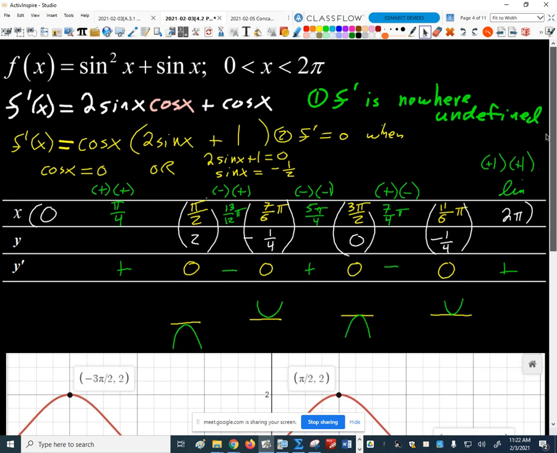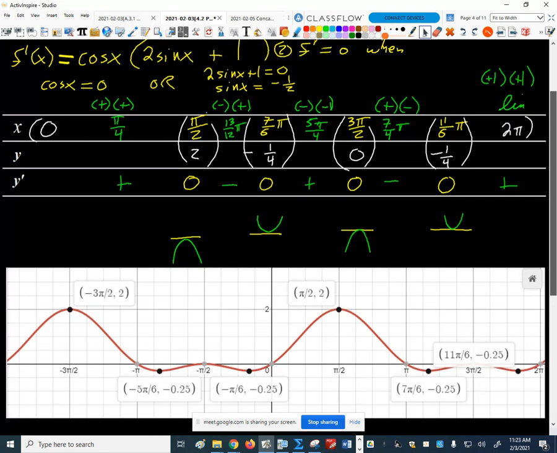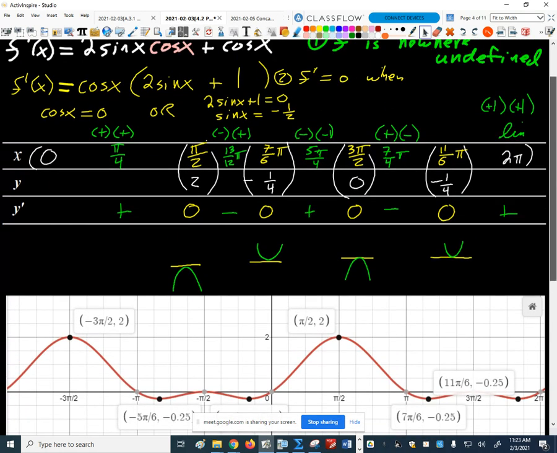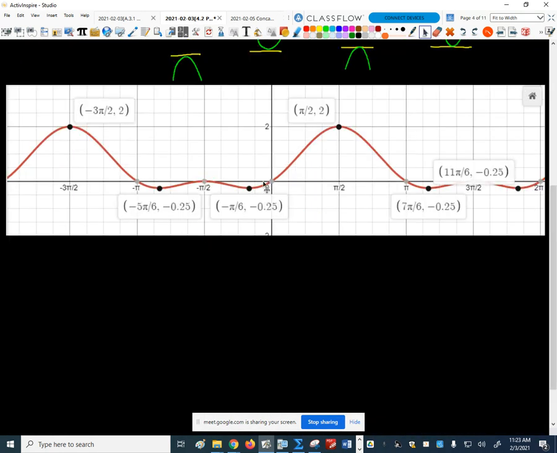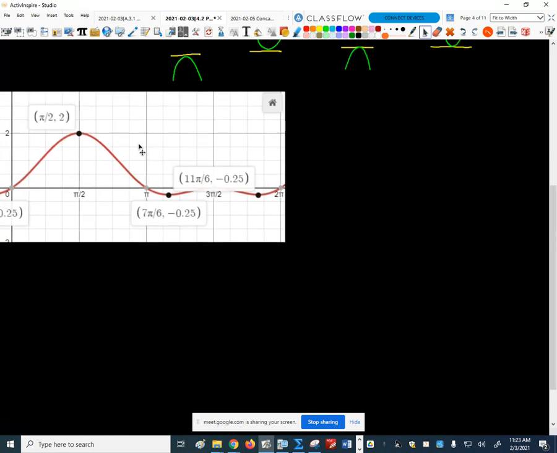How did we miss one? Sin x equals -1/2. Oh, no wonder. Yeah, we only went from 0, didn't we? Whoops.